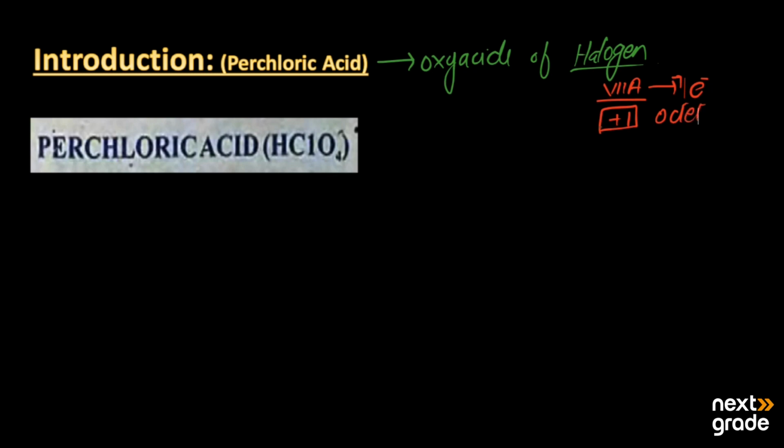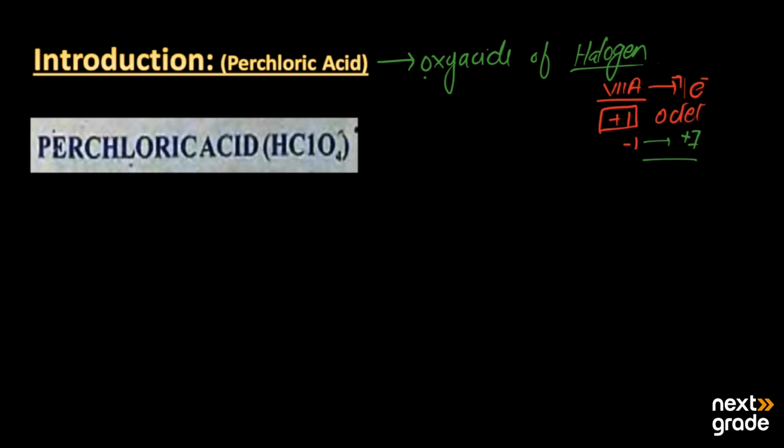So that's why they have the oxidation state -1. But due to some other reasons, they have oxidation states from this to +7. So this is mainly the increase in their oxidation state.